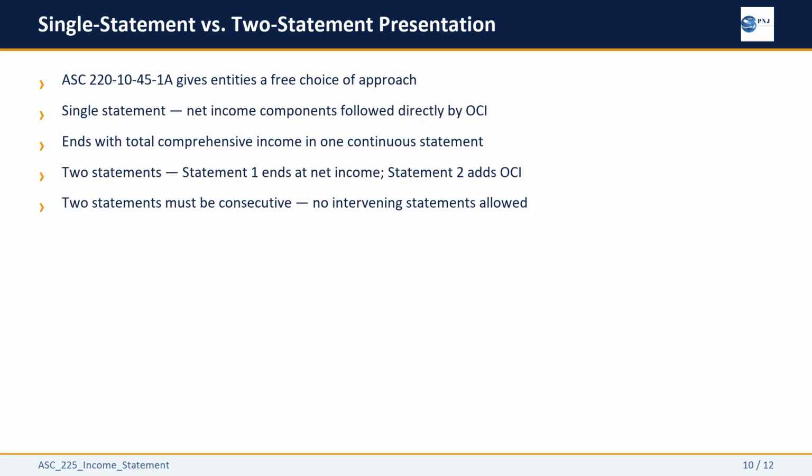A traditional income statement stops at net income, and a separate statement immediately following picks up from that net income figure and adds OCI components to arrive at comprehensive income. The critical rule for two statements is that they must be consecutive. No other financial statement or schedule may be inserted between them.